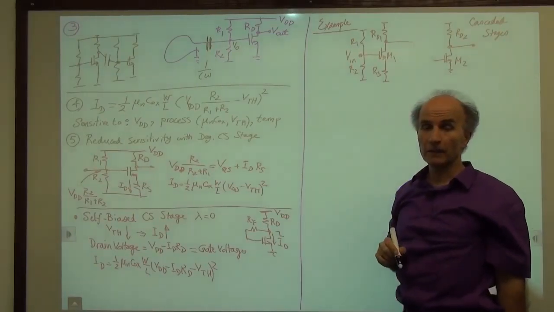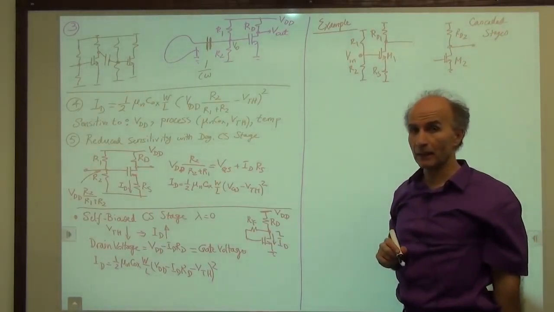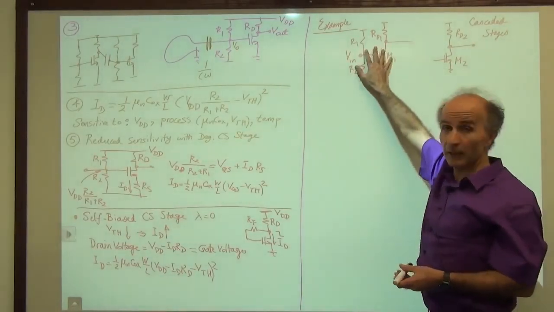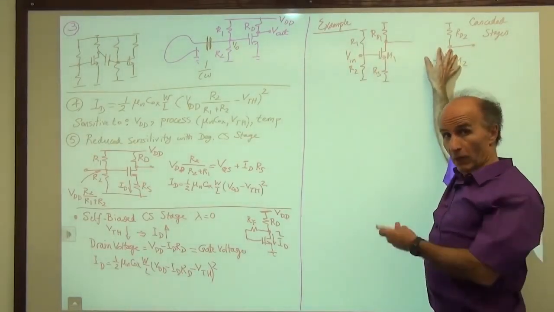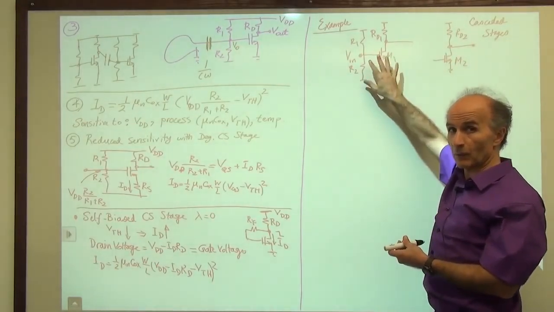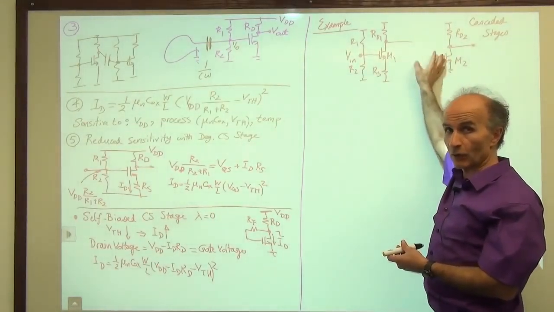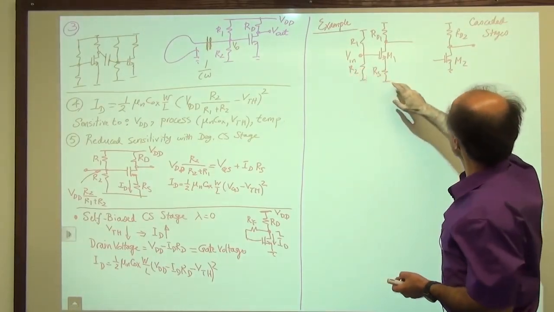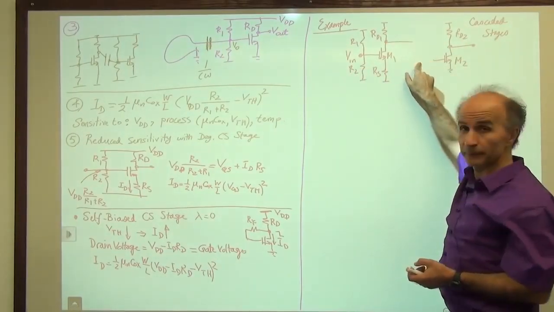Okay, as I said before, the purpose of cascading is to increase the voltage gain. This circuit provides some gain. This provides some other gain. When we cascade them, when this is connected to this one, the overall gain will be higher. Now, the only question we have is how to connect these two.